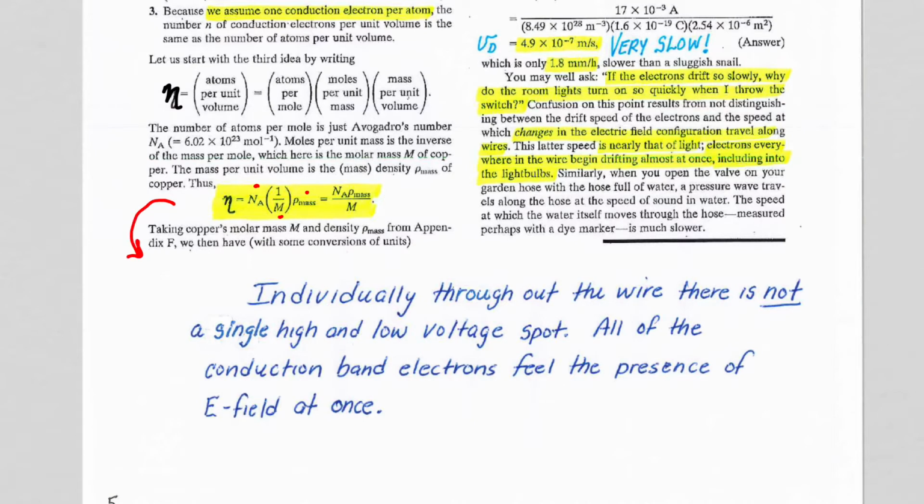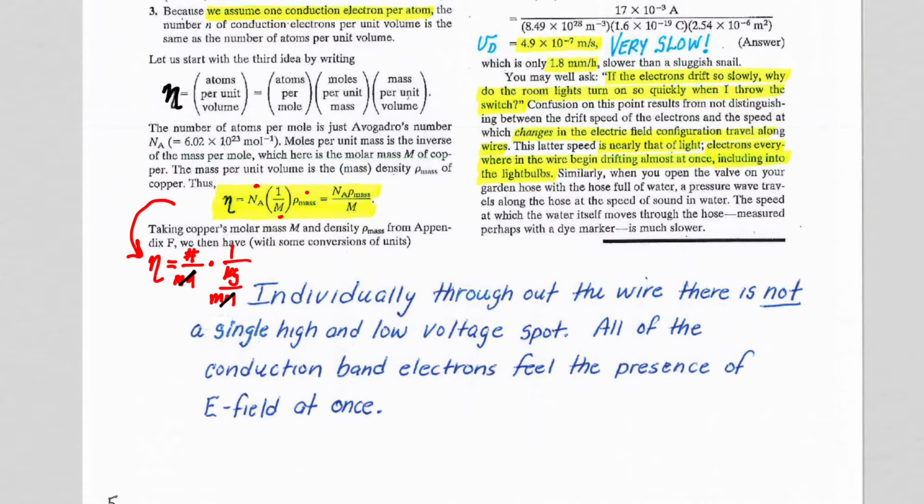If we're going to look at the number density, so the number per meter cubed, Avogadro's number is the number of anything per mole, and we're going to multiply that by the molar mass for copper, so that's going to be 1 over the molar mass in kilograms per mole, so immediately now we lose moles.